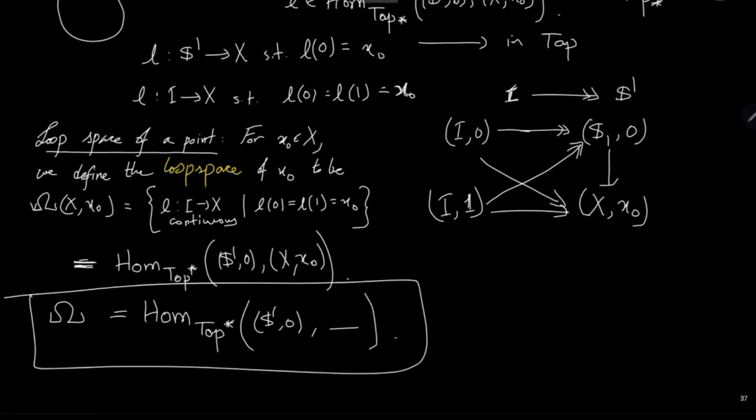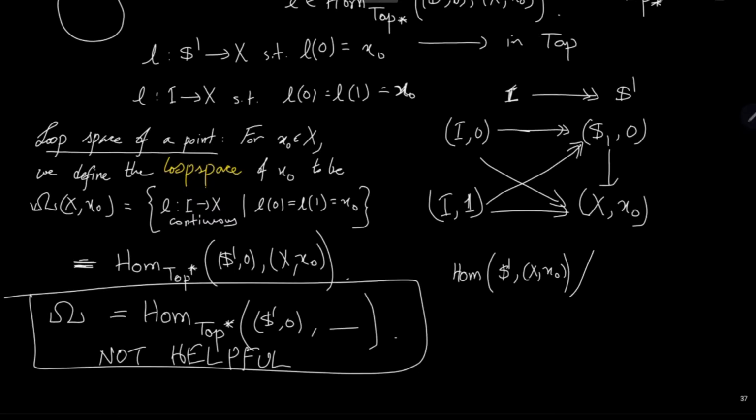You know what? This is not very helpful. What is helpful is defining omega to be a functor from... well, let's define small omega. This is not really helpful at all. What we can do is shrink this notation a bit. S1 we always point at 0, so no problems.